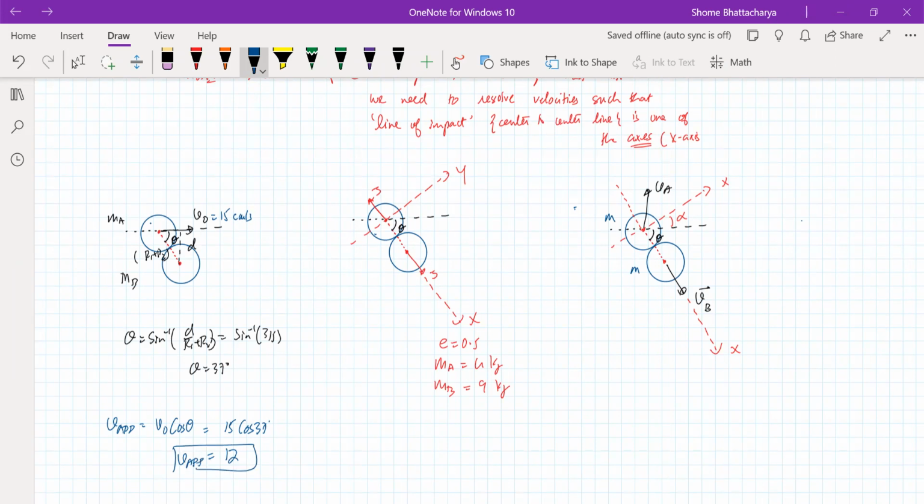But according to this diagram now, what is our separation velocity? VB plus VA's component in the negative x direction. Very good. So this angle should be how much? If I have taken this angle as alpha, then this angle is also alpha. Yes, sir.